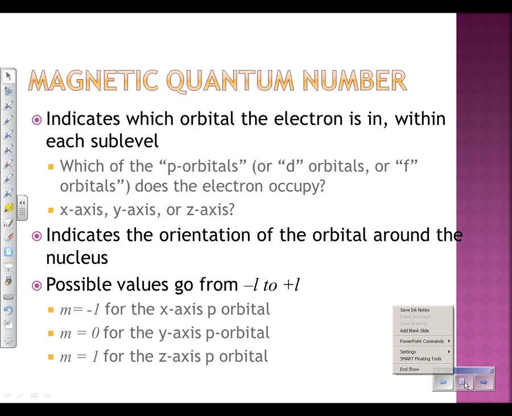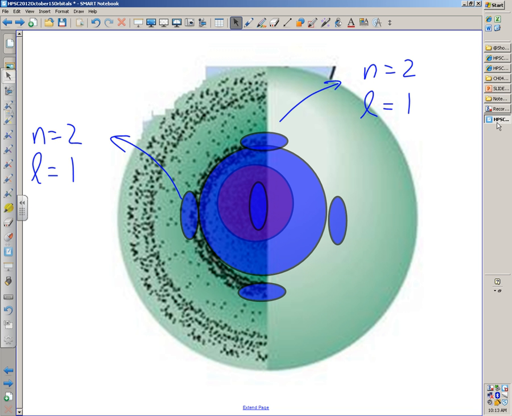So let's go back to this picture. We've already established that we're running into a problem here with this p orbital and this p orbital. They're both in the second energy level, and they're both p orbitals, so the first 2 numbers are the same. That's where the m number comes in. What axis is this one on? X-axis. If you look on your notes, we gave the x-axis a certain m value, right? What is it?